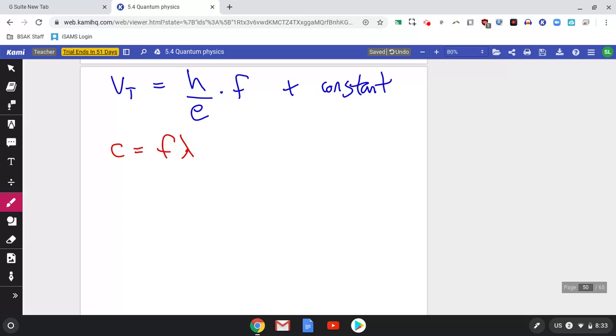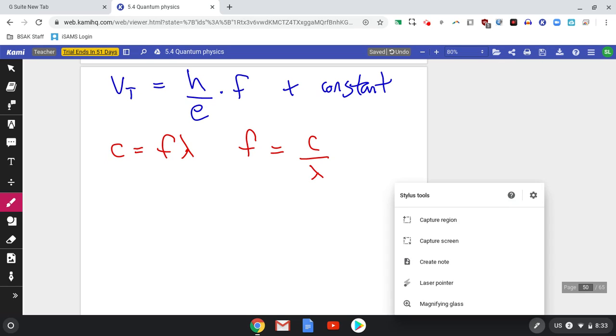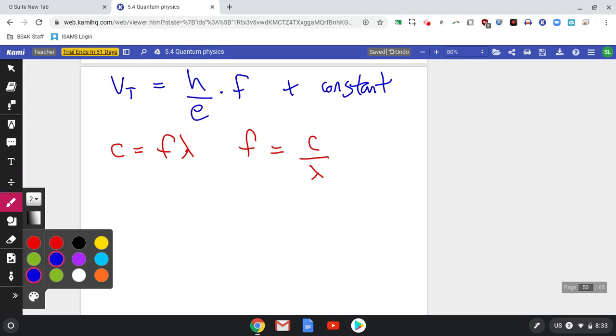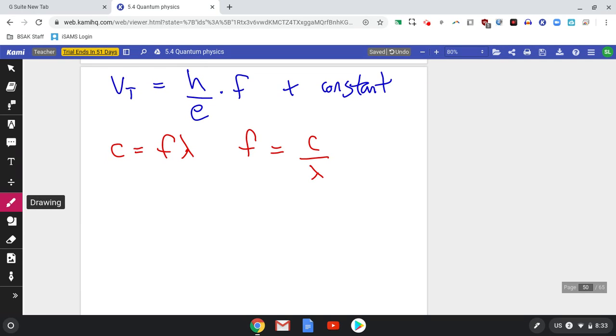So rearranging that, we've got frequency is speed of light over wavelength. Right, I want you to substitute for this. So we've got threshold voltage is h over e multiplied by c over lambda plus a constant that we don't know.